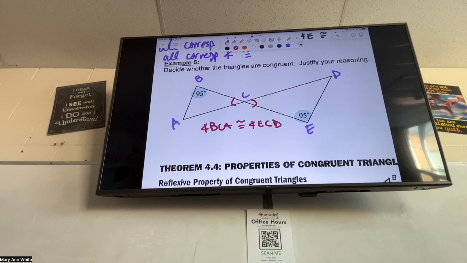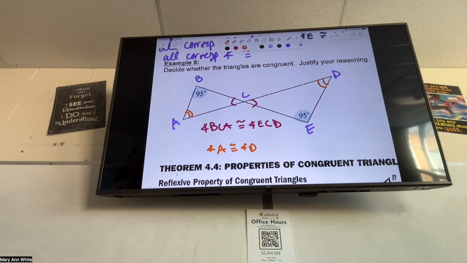Are A and D congruent? Yeah. Why? D and E are congruent and the angles at C are congruent. So why am I allowed to say that A and D are congruent? Third angle theorem, very good.